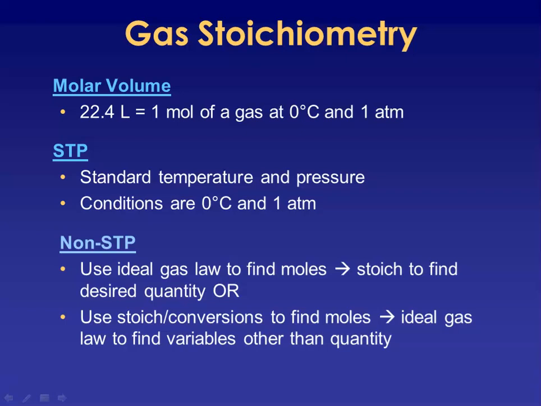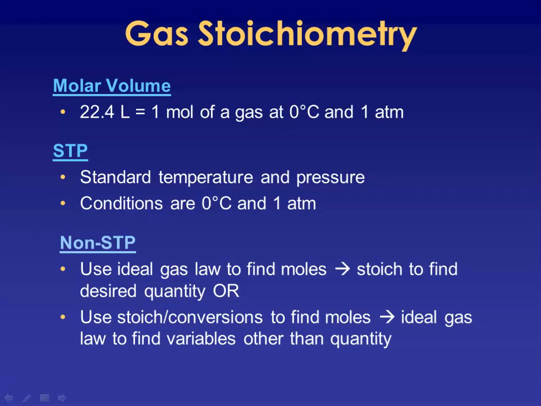When you are not at STP conditions, you will have to utilize the ideal gas law to be able to relate the two quantities. The reason you will need to do that is that we don't have a relationship for a mole of a gas at the different range of possibilities that do not exist other than at STP.